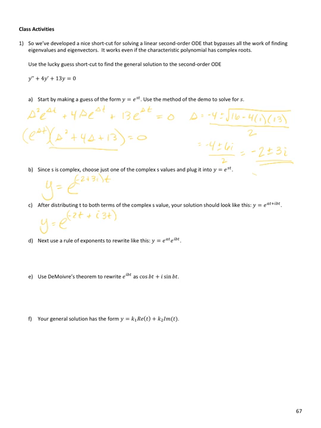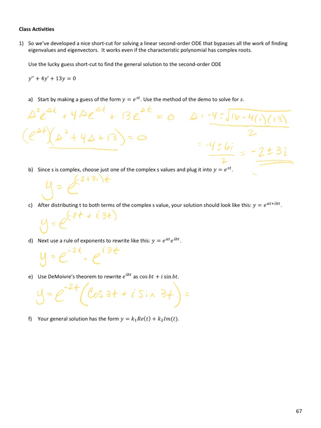Okay, and then I'm going to use rules of exponents to rewrite it like this. y equals e to the negative 2t times e to the i3t. Then I'll use De Moivre's theorem to rewrite it. I'm just copying the e to the negative 2t part, and then e to the i3t I'm going to rewrite as cosine 3t plus i sine 3t.